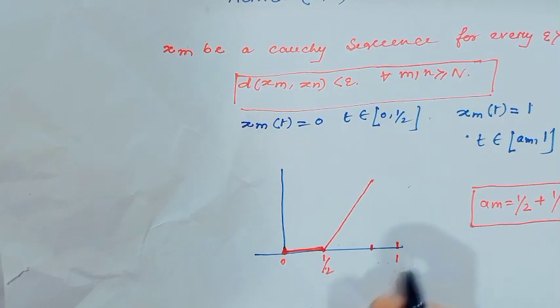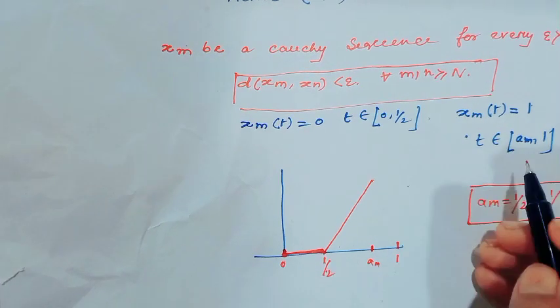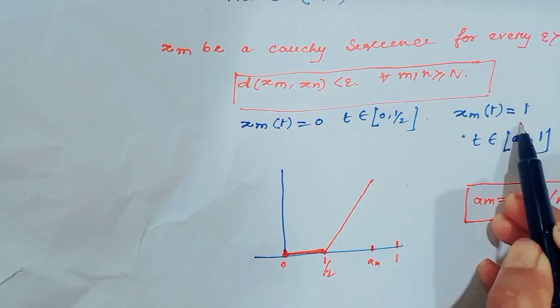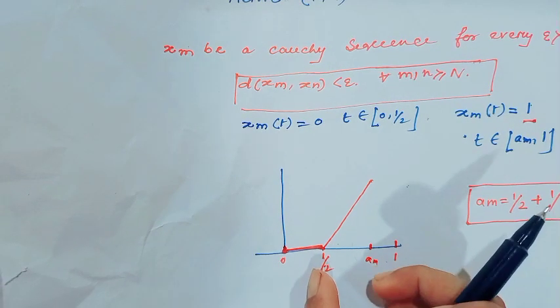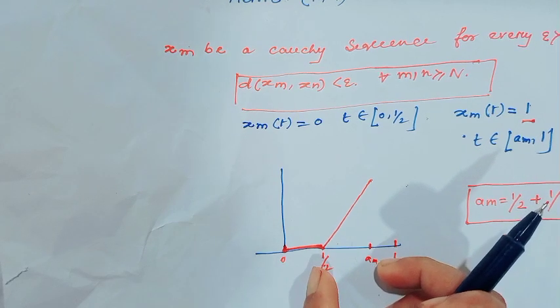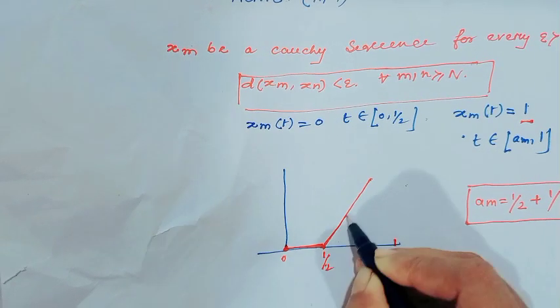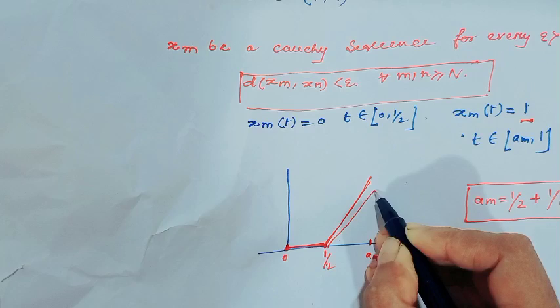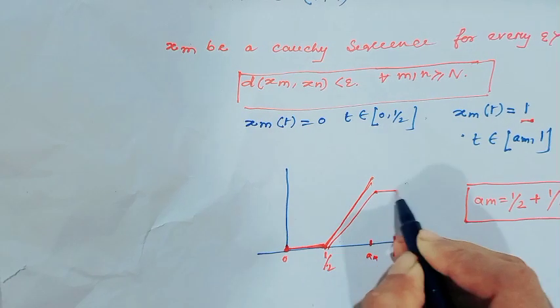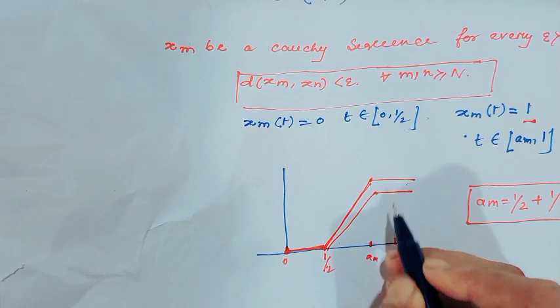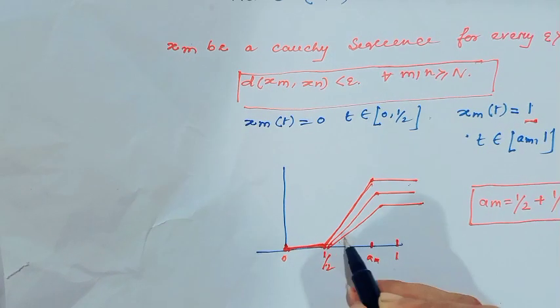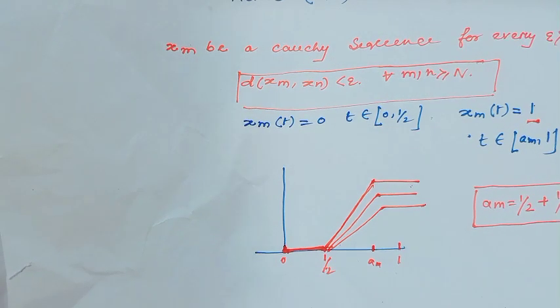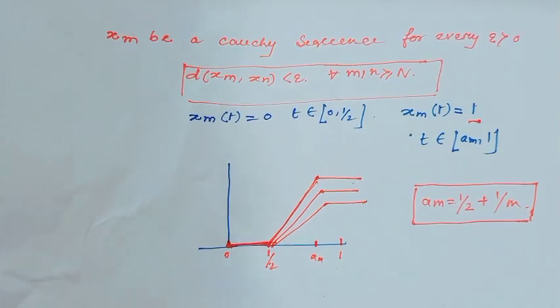Consider this is the half and this is a_m. From a_m to 1, the value is 1. In between the points half and a_m, the graph would be of this type, and from a_m to 1 this value is 1. I hope all my viewers have understood this graph easily.